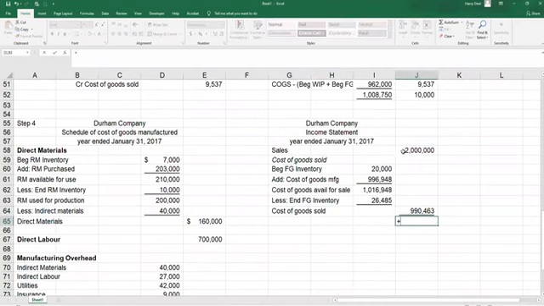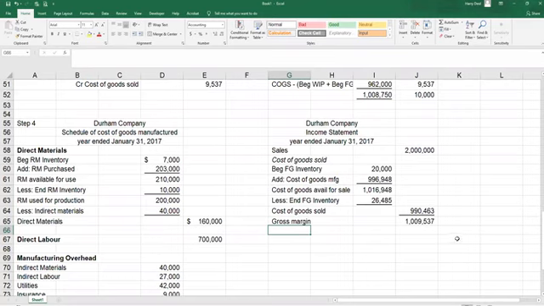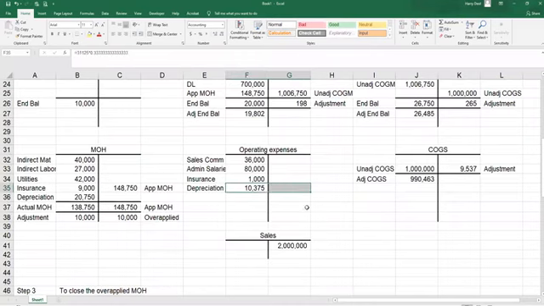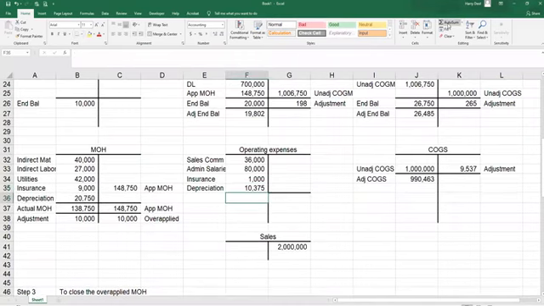Subtract the cost of goods sold from the sales. You get gross margin, 1,009,537. From the gross margin, we will subtract operating expenses. Now, we forgot to add up the operating expenses T account. Always a good idea to show the total amount.